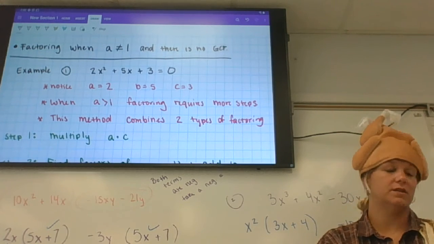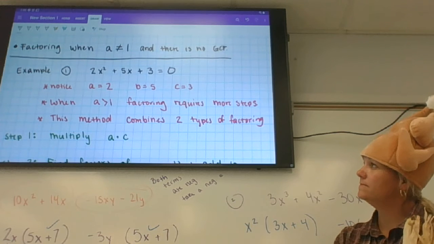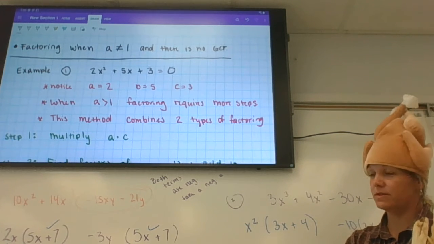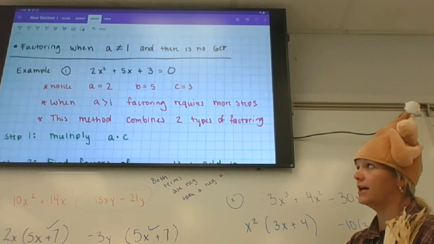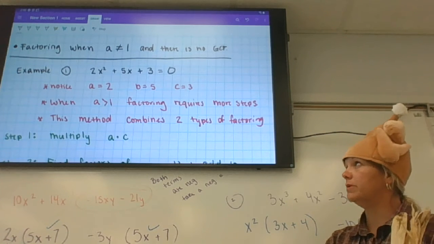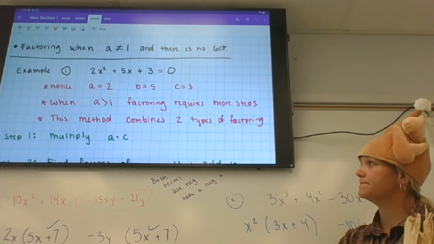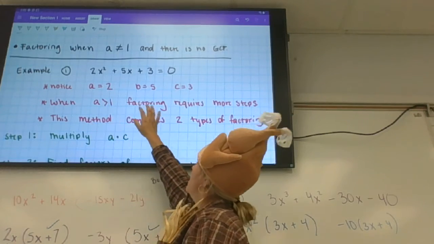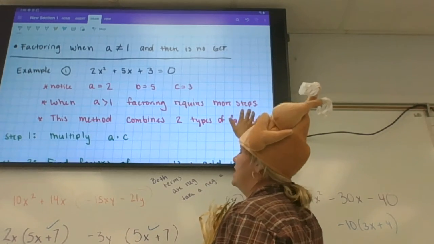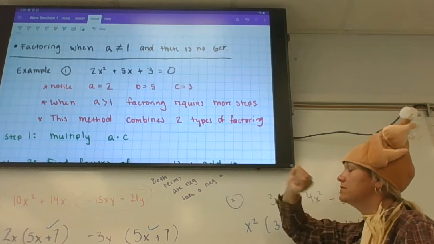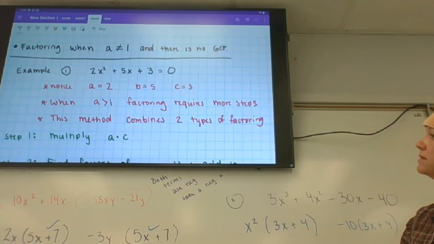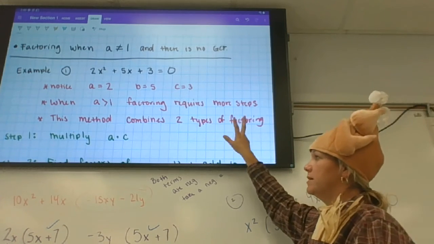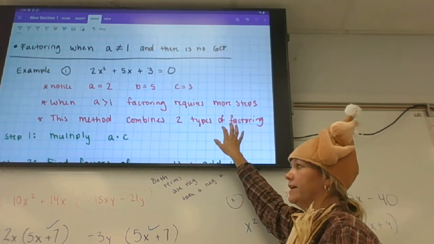Five. Let's notice some things about the problem. First off, a equals 2, b equals 5, and c is 3. When a is greater than 1, factoring requires more steps. This method combines 2 types of factoring.